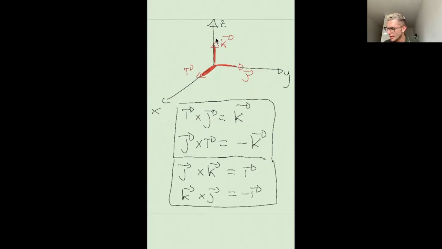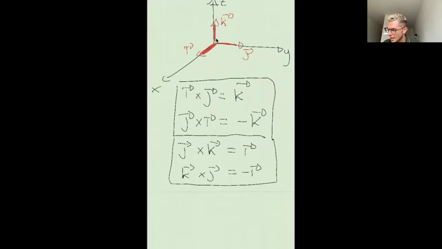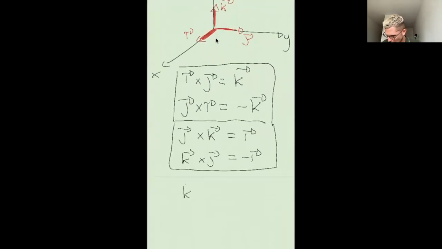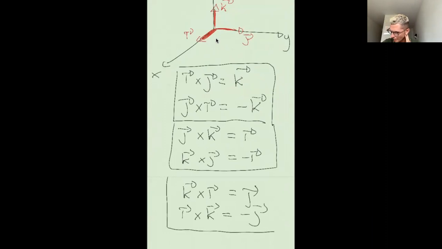And finally, what is k cross i? That's j. And so i cross k is negative j.